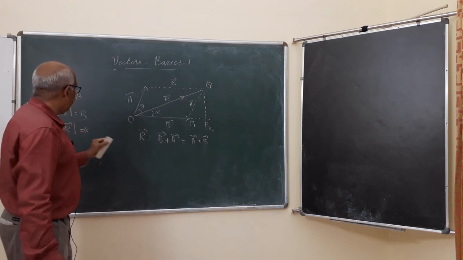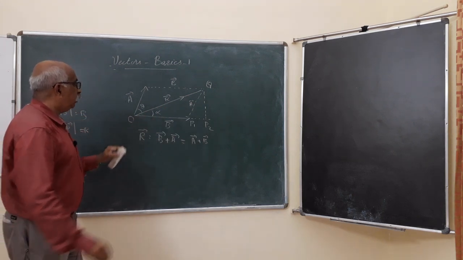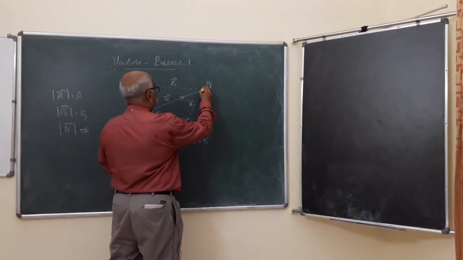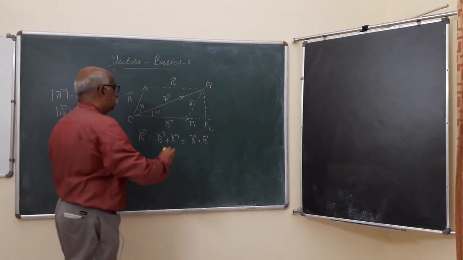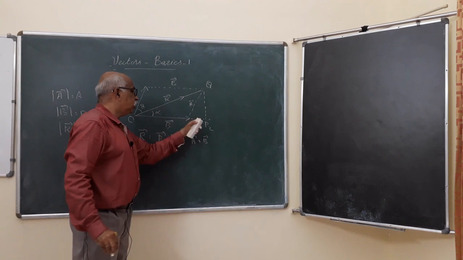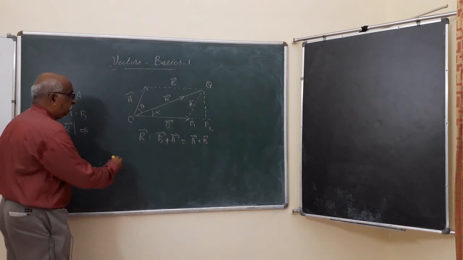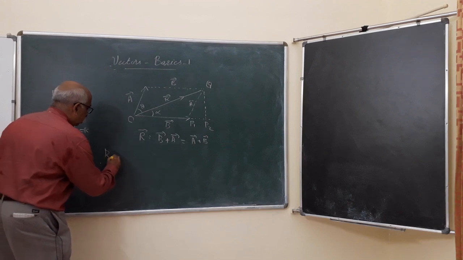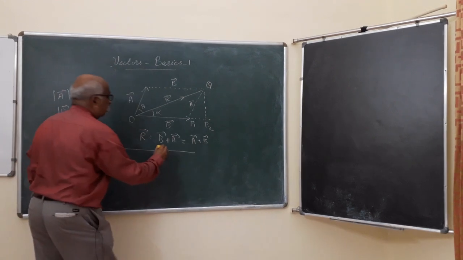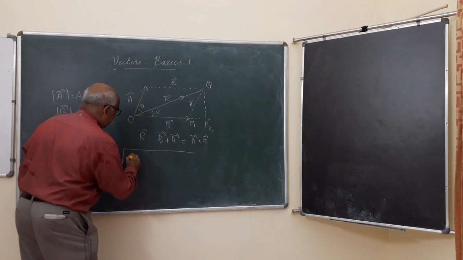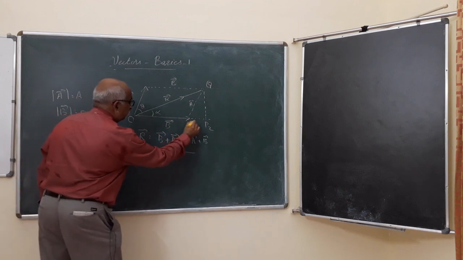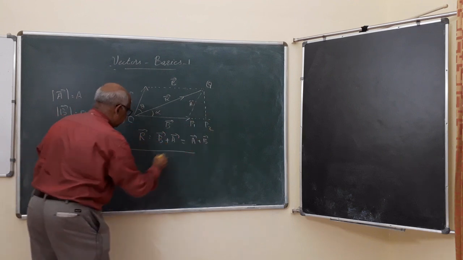Now we are going to find the magnitude of R. Magnitude of R is this length. This length square is equal to the sum of the squares of these two sides. That is by the Pythagoras theorem. That is, R is equal to square root of B plus, B is this length, plus this length is A cos theta.